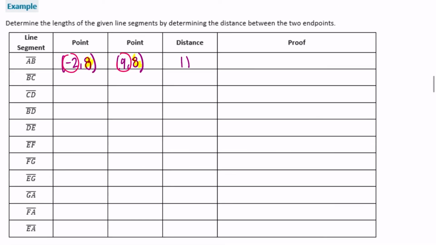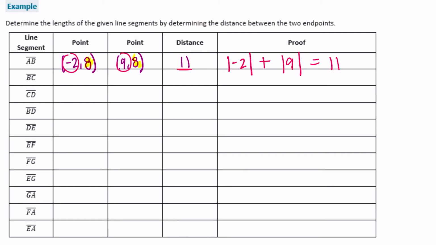So let's find the absolute value of -2 plus the absolute value of 9 is equal to, remember the absolute value, we're just finding the positive value of it. So the opposite value of -2 is 2, absolute value of 9 is 9, so 2 plus 9 is equal to 11, or our distance, which is just proving that our distance is 11.